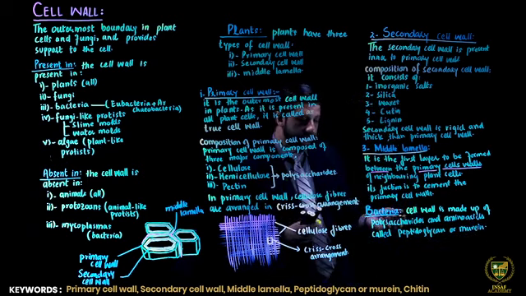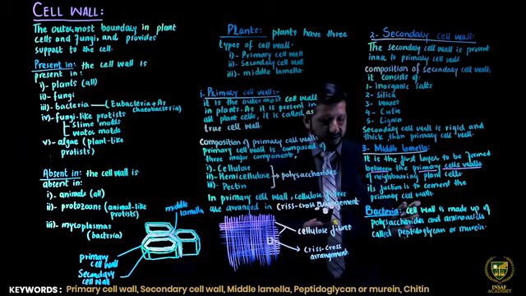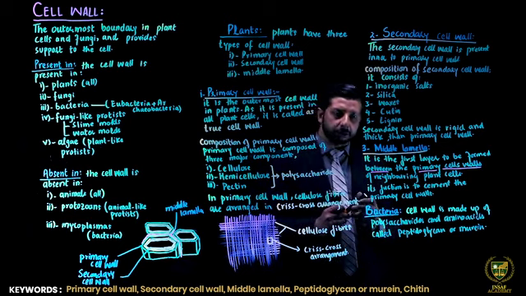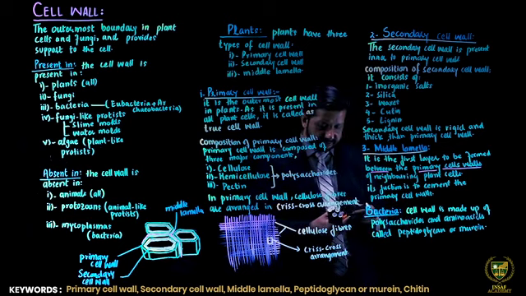Clear? It's also other name is murine. Peptidoglycan इसे कहते हैं या murine कहते हैं. इस चैप्टर के लास्ट टॉपिक में जो डिफरेंसेस हैं बिटवीन प्रोकैरियोट्स एंड यूकैरियोट्स में इसकी सेल वॉल डिटेल के साथ डिस्कस होगी. Clear?